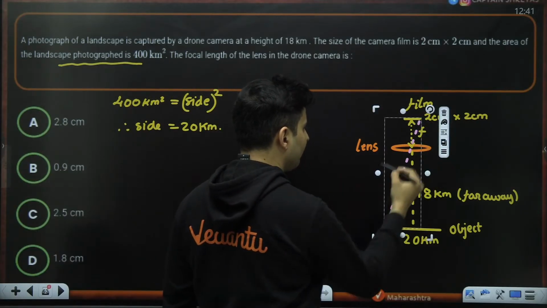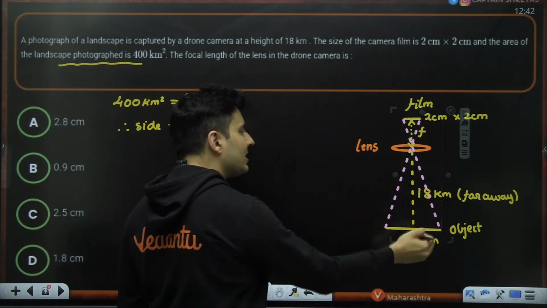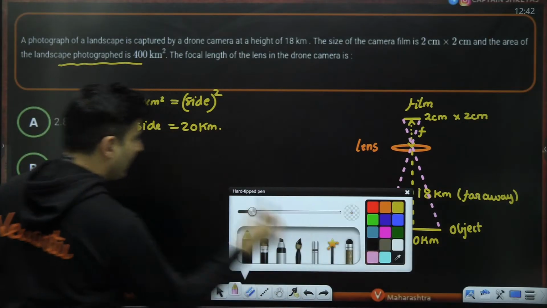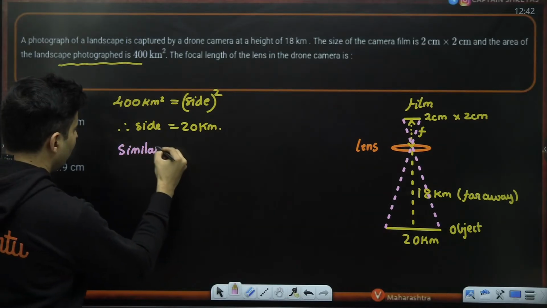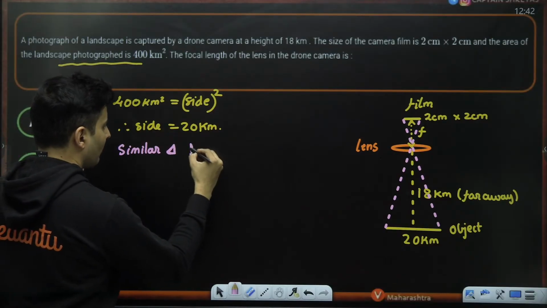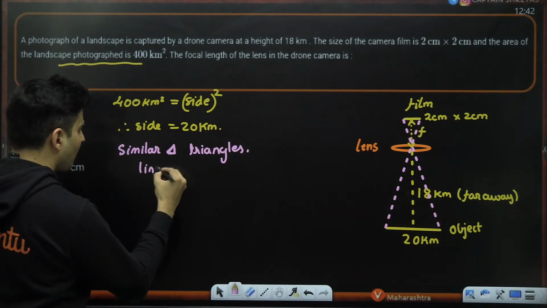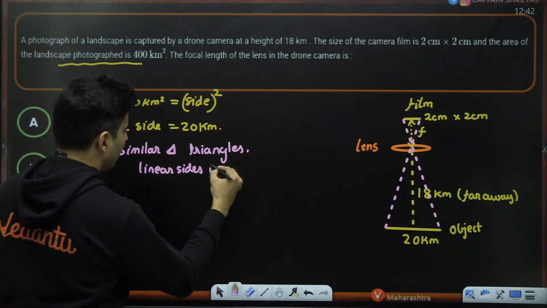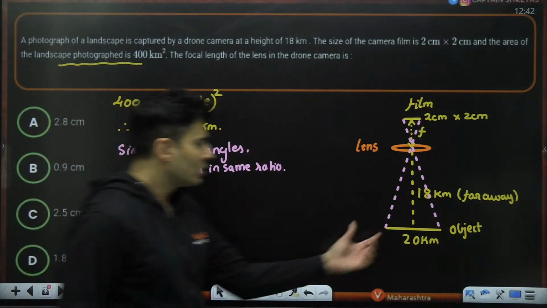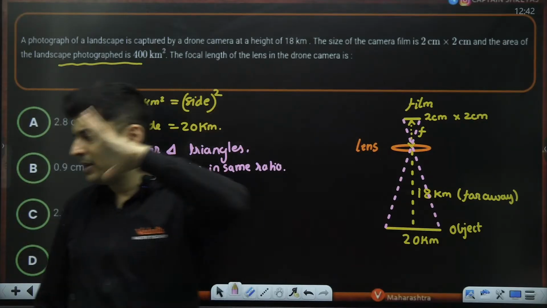Now, I have one more proposition over here. If I draw this line and this line, basically your ray diagram, I can see some similar triangles over here. When I have similar right-angled triangles, the sides will be in the same ratio. That's the property of similar triangles. So whether you take the altitude, hypotenuse or height, they will be in the same ratio.